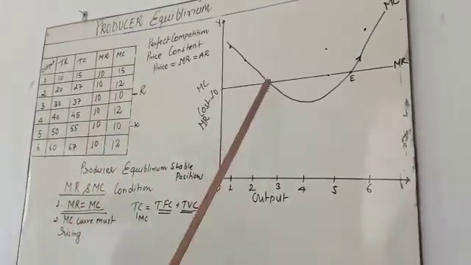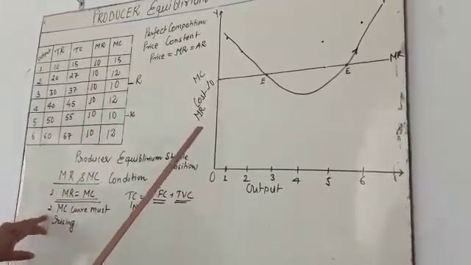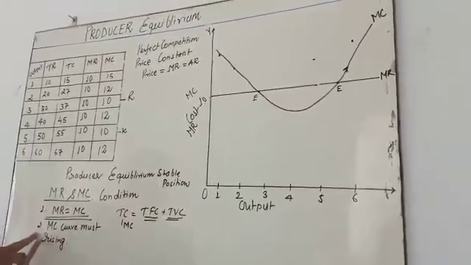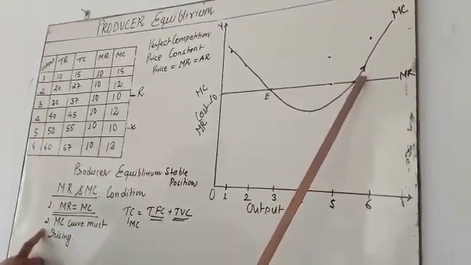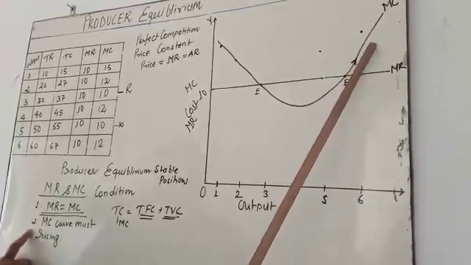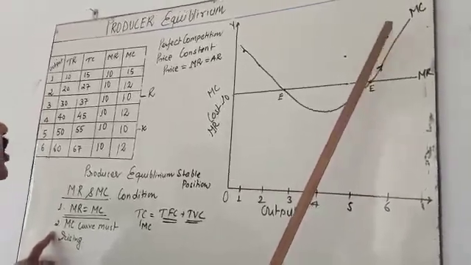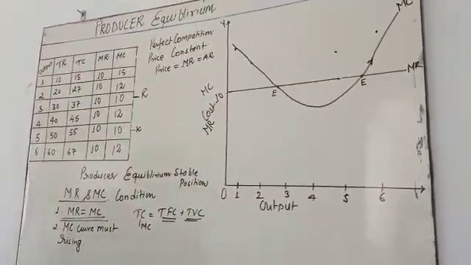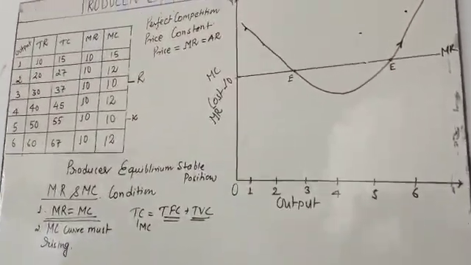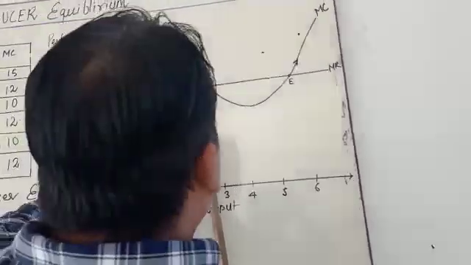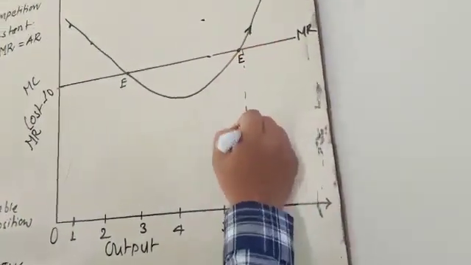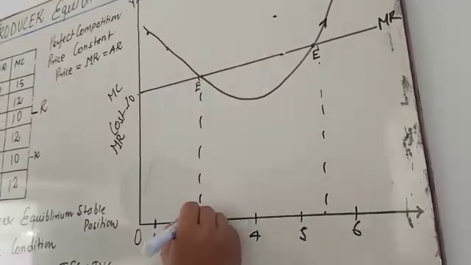My dear students, the first criterion is fulfilled. The second criterion is that the marginal cost curve is rising. Here in this situation, the marginal cost curve is rising, which means the criterion is fulfilled. So it is the position where the output is produced. You have to follow this way.